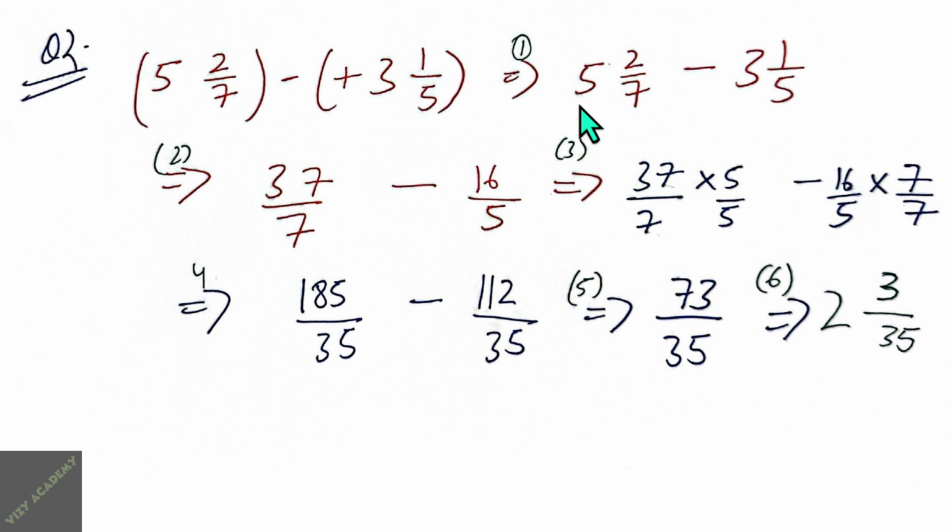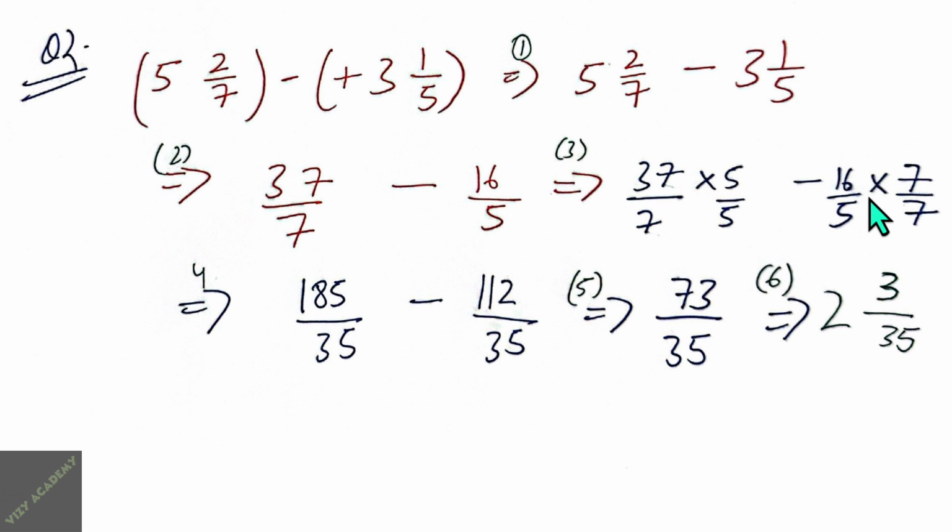Now changing it again to improper fraction, 5 times 7 is 35 plus 2 is 37 over 7. 5 times 3 is 15 plus 1 is 16. So 16 over 5. Now the least common multiple of 7 and 5 is 35. So again multiplying numerator and denominator by 5, 37 times 5 and 7 times 5.